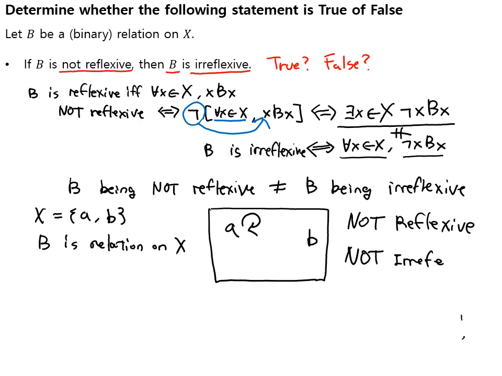And the reason is that although B is not related to itself, there exists an element that is related to itself, namely A, right? So this is an example that is not reflexive and not irreflexive. So basically, being not reflexive does not imply that the relation is irreflexive. So the answer is false.